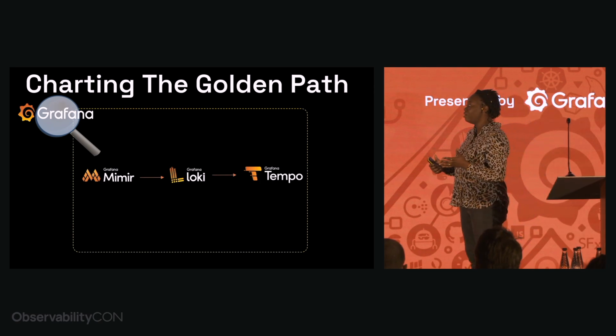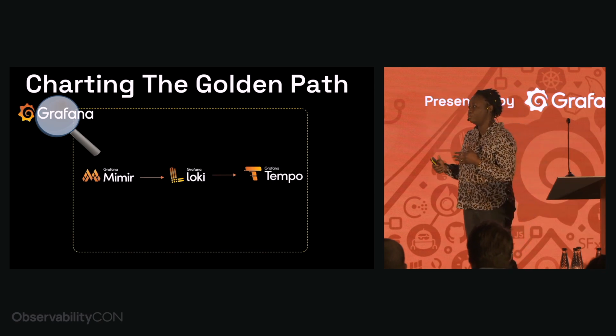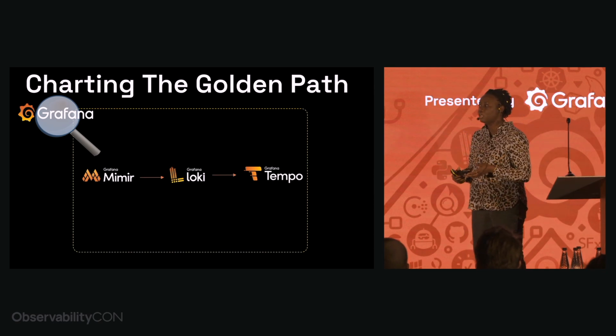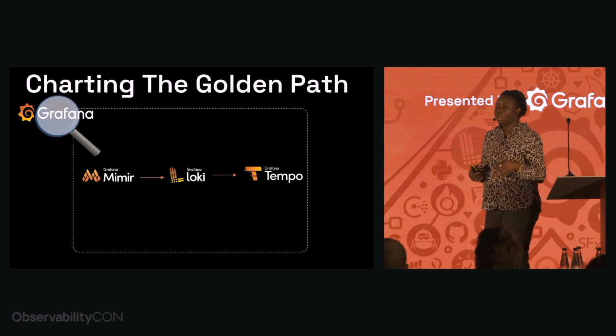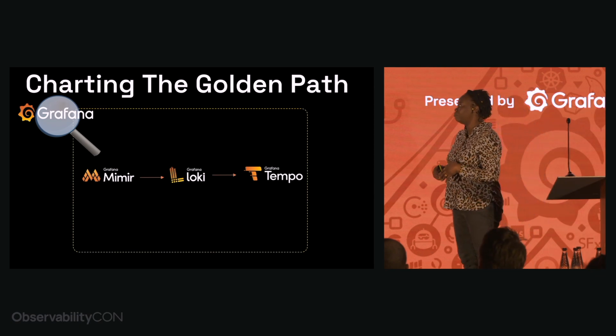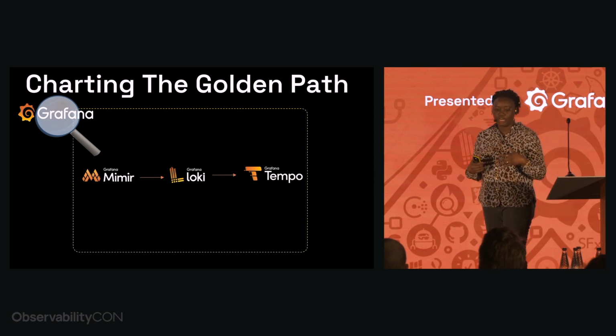And so taking advantage of some of the things that Grafana provides by linking the data between these three sources, and also exploring things like correlations since Grafana 10, are things that we've been prioritizing to create this unified user experience for our engineers.